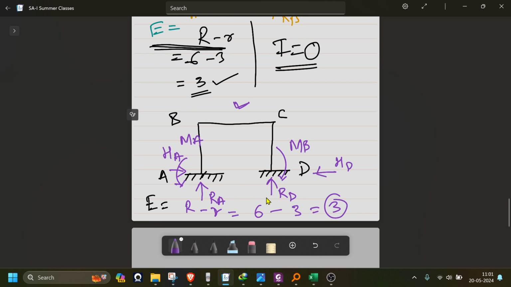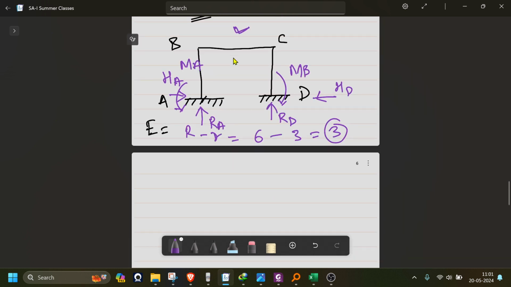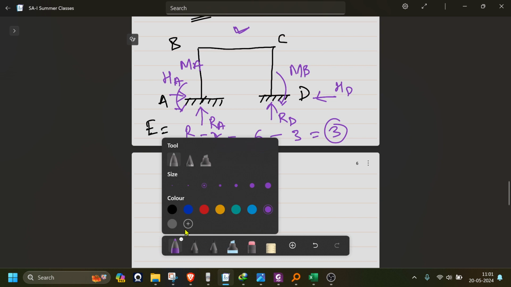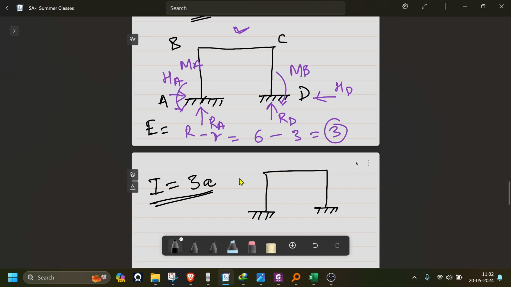Okay. Now what is the internal indeterminacy for this frame? Remember, for a frame, this kind of structure, I, that is internal indeterminacy, is equal to 3A.